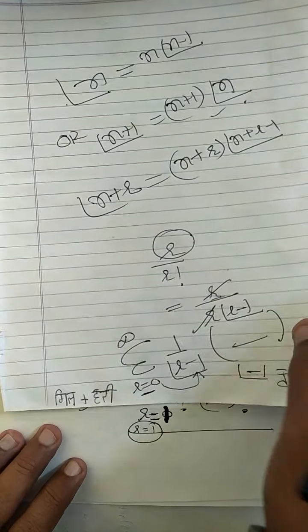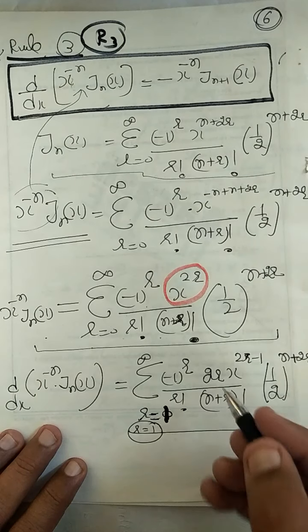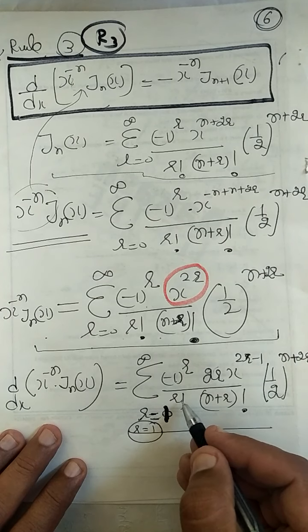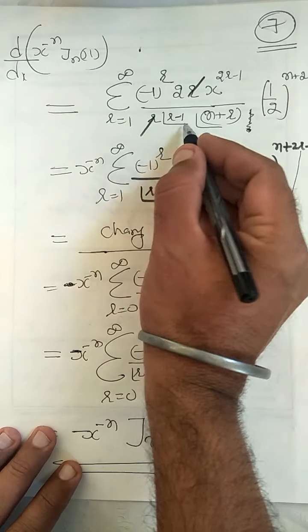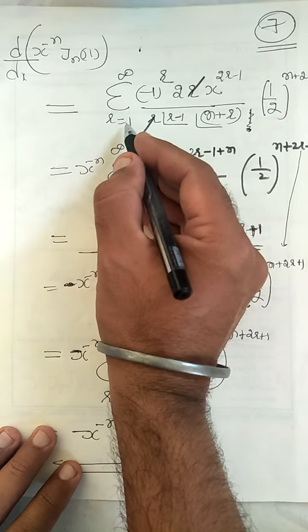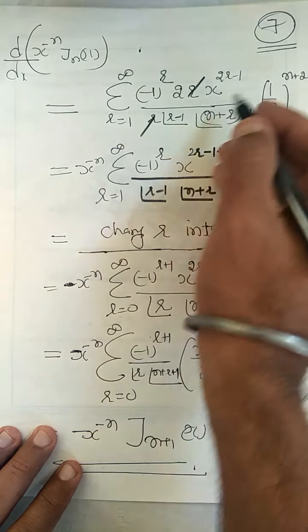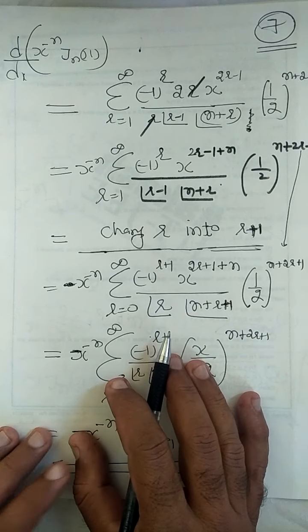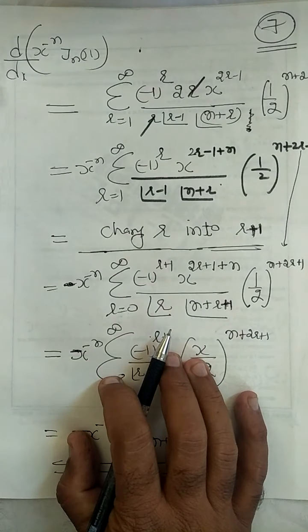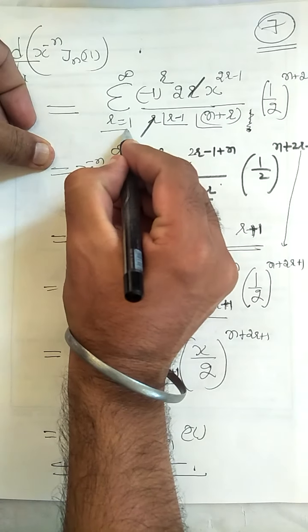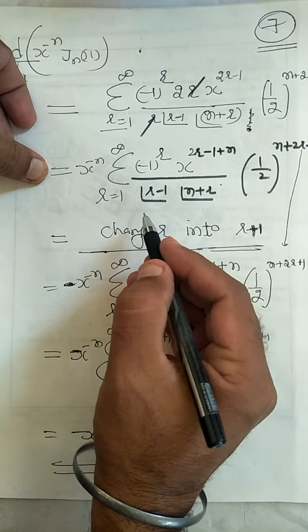So for adjustment here, if we take r here, r minus 1, then definitely a term containing r minus 1 appears in the denominator, and if we take r equal to 0 here, then the whole term becomes undefined. So to adjust this, we start from r equal to 1.